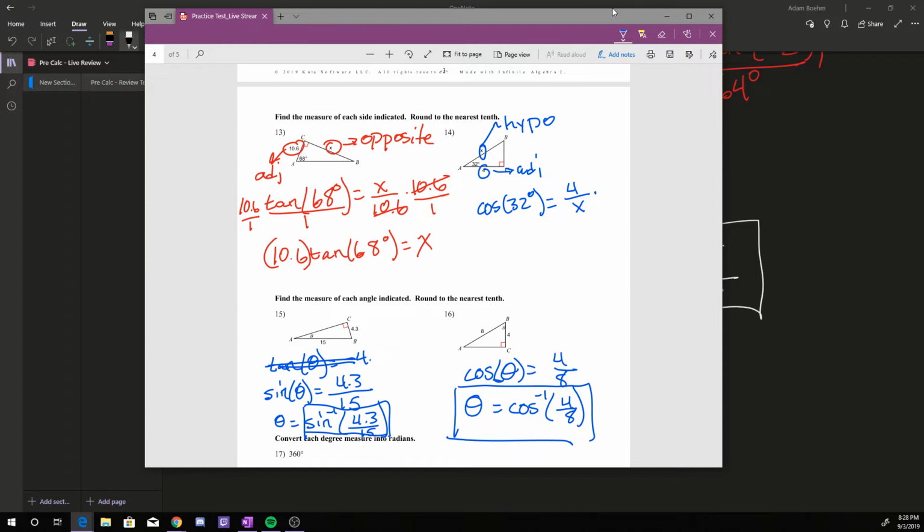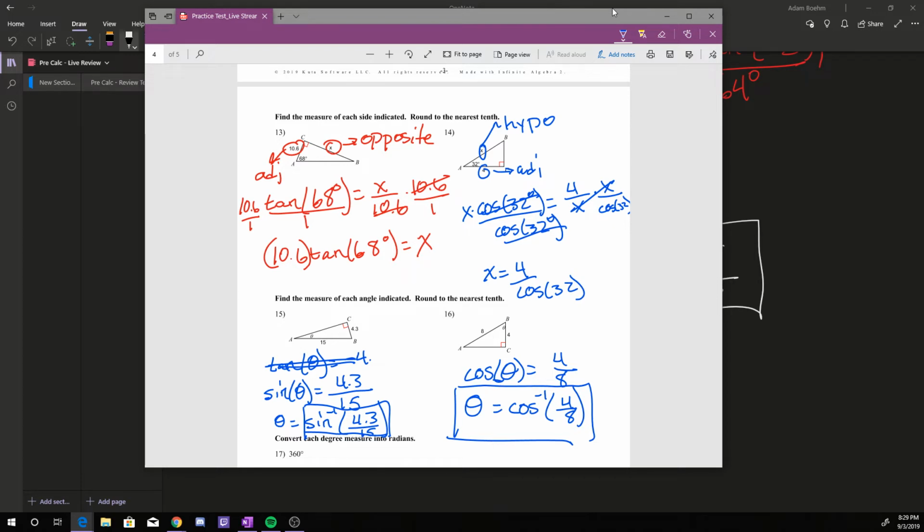So I would multiply by x and then divide by cosine of 32. I'm just going to do this in one step to save time. So then we have x is equal to 4 divided by cosine of 32.